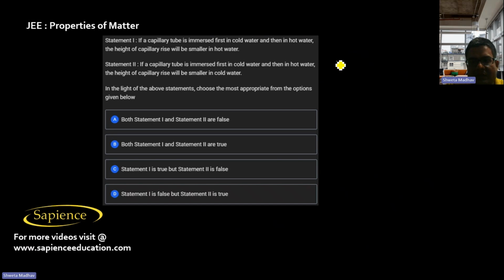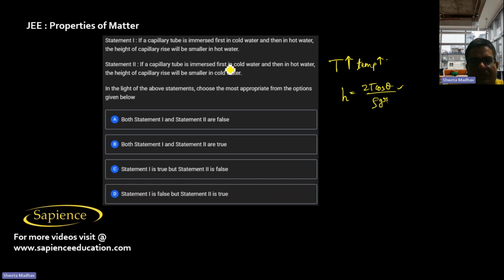Since why? The surface tension will increase with temperature increase. So therefore, the height of the capillary rise is 2T cos theta by rho g r. Now, the radius will also increase, surface tension will also increase. So height of capillary rise will be smaller in hot water.